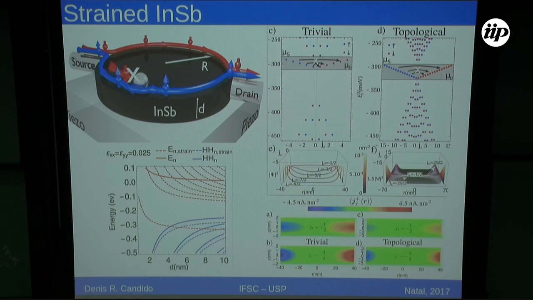Basically, the conductance form that we are using in linear response has gamma L, gamma R, over gamma L plus gamma R, where gamma L and gamma R are given by this.